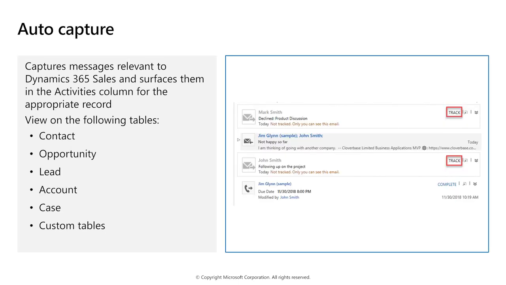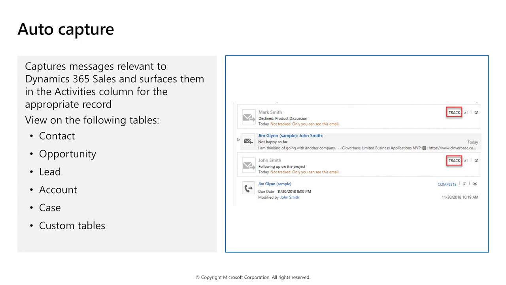Okay, so moving forward with our auto capture. Now, as you can see here, it captures messages relevant to Dynamics 365 Sales and surfaces them in the activities column for the appropriate record. Now, you can view this on the following tables: my contact, opportunity, lead, account, case, and custom tables. Now, what does auto capture do?